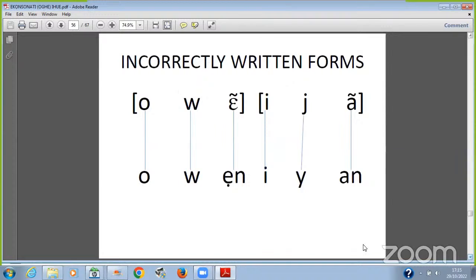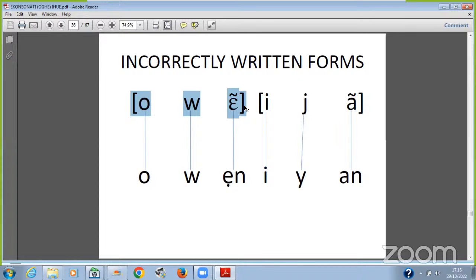Let's look at the examples. Now, if you look at the left, the one I've highlighted, if you look at the way it's written under, you will see that the nasal consonant we is not represented in writing here.